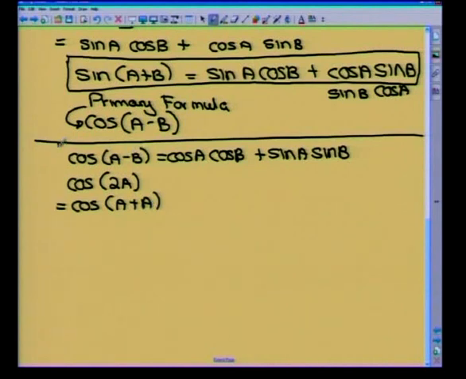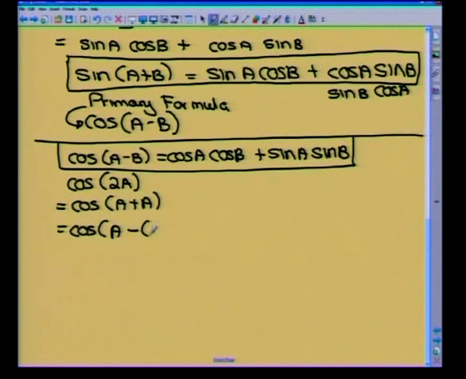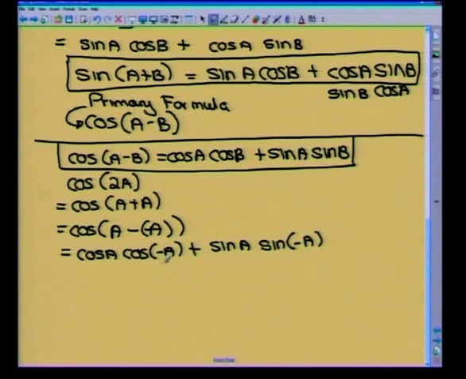But since they've asked me to use this one, I would have to write it as cos A minus minus A. Do you agree a minus minus would make a plus and it all would work very nicely? So this becomes cos A cos minus A plus sine A sine minus A.